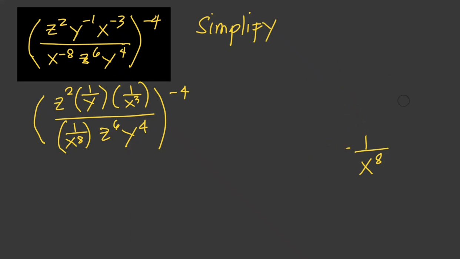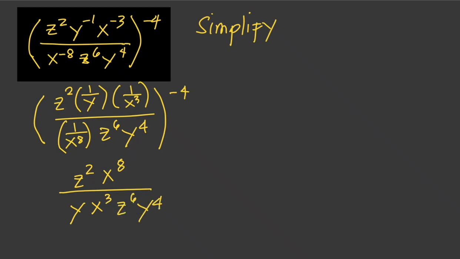Okay, and then we can simplify further. So we can write this as z squared, then x to the 8 over y x cubed, z to the 6th, y to the 4th, to the -4. Then we simplify further.